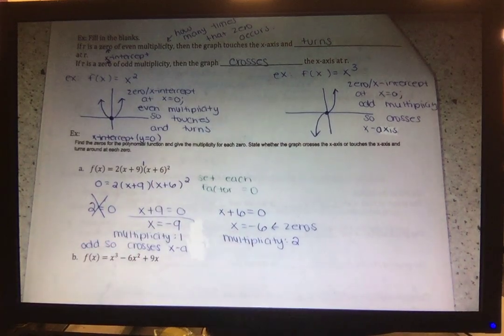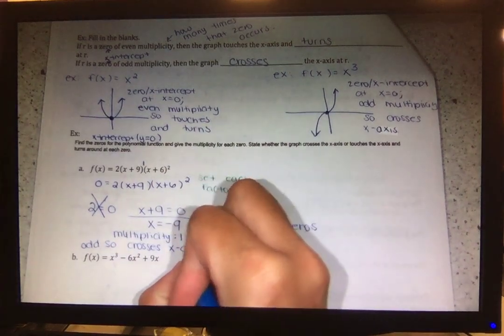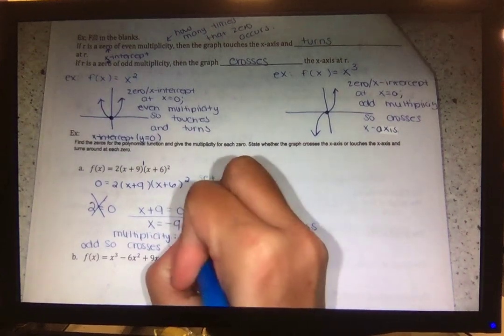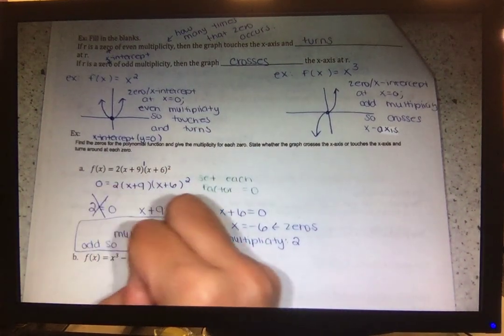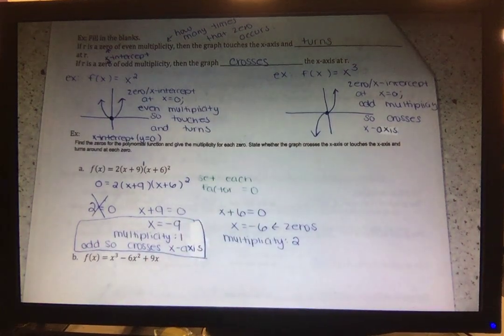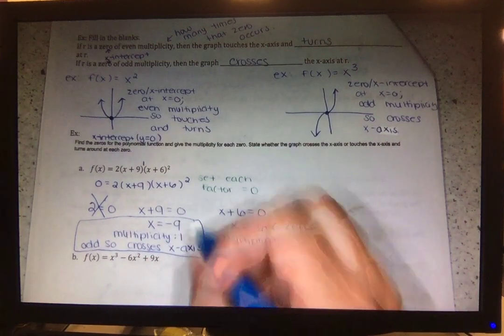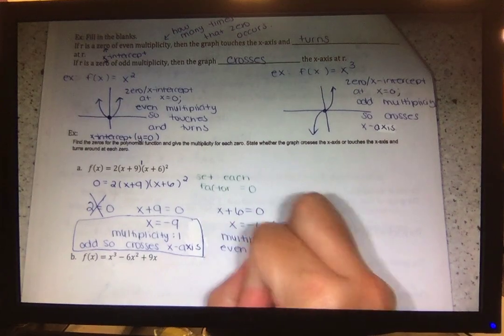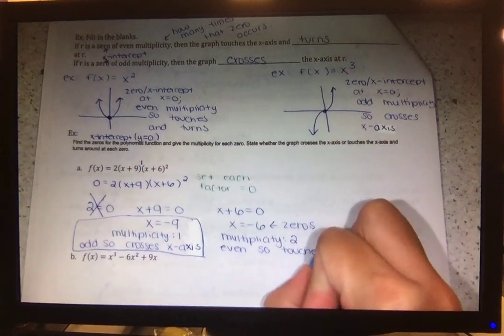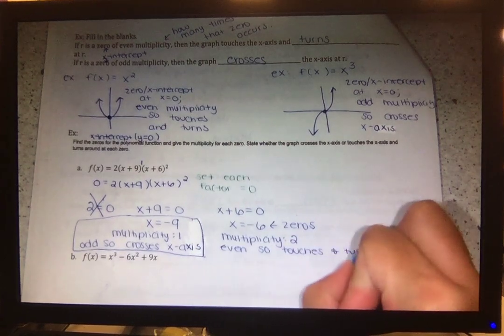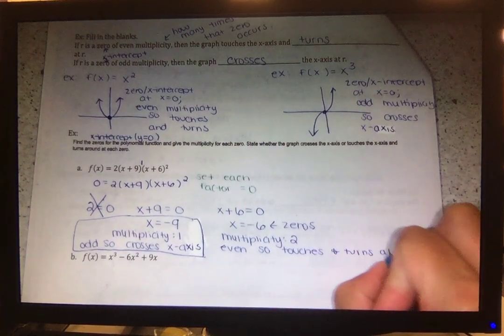Okay, so multiplicity is 2. All right, so for x equals -6, that multiplicity is 2, which is even. So what's going to happen there? Yeah, it's going to bounce. It touches and turns at the x-axis.